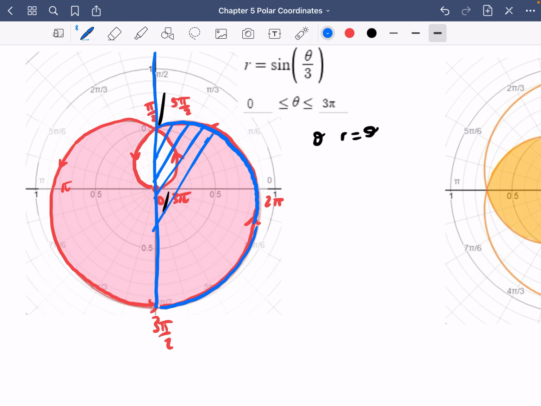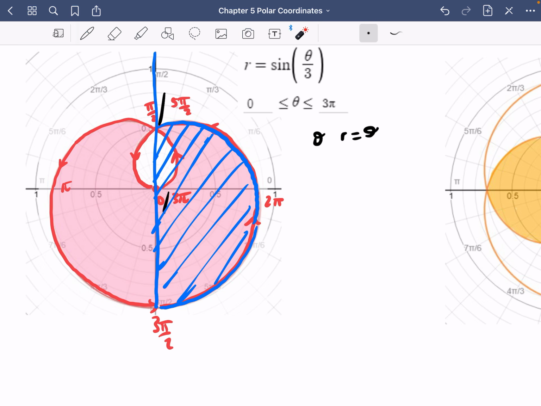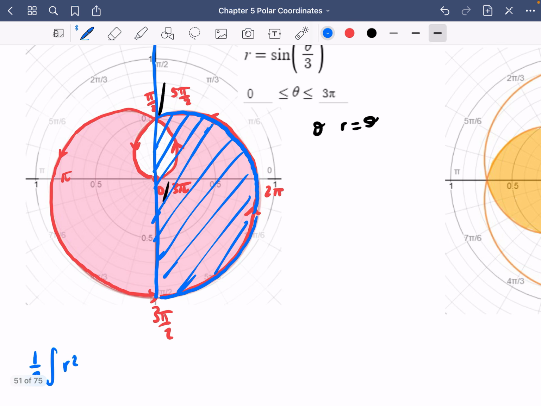So I'm going to start off by thinking about how I would find that large section. That large section was found when we were coming from 3 pi over 2, and it finished when we got to 5 pi over 2. So the large blue section is going to be a half the integral of r squared from 3 pi over 2 to 5 pi over 2.